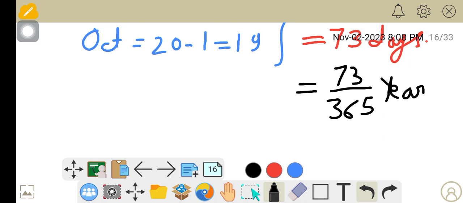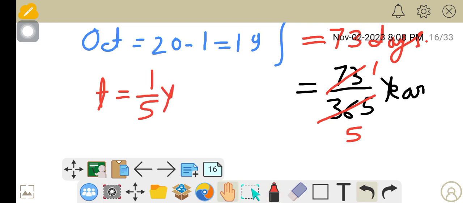Now we can see that 365 is divisible by 73 five times. So 73 1 is 73, 73 5 is 365. So now we have time duration equal 1/5 years.